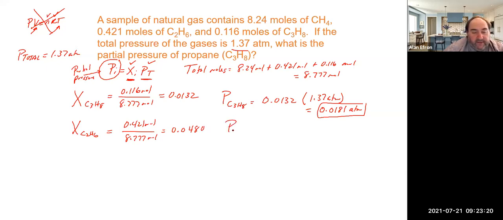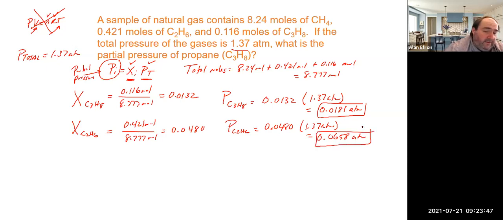The partial pressure of your ethane would be 0.0480 times 1.37, and that would get us 0.0658 atmospheres.